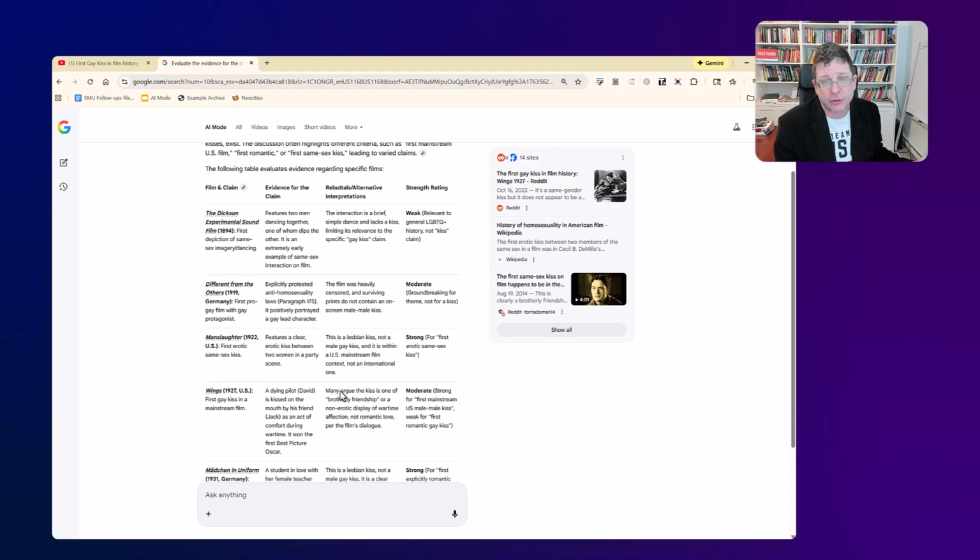The difference in social mores and how something would be perceived now versus then. The difference between platonic versus romantic versus erotic, and how those different sorts of moments in film may have been at different times. The difference between private films made for people and public films.